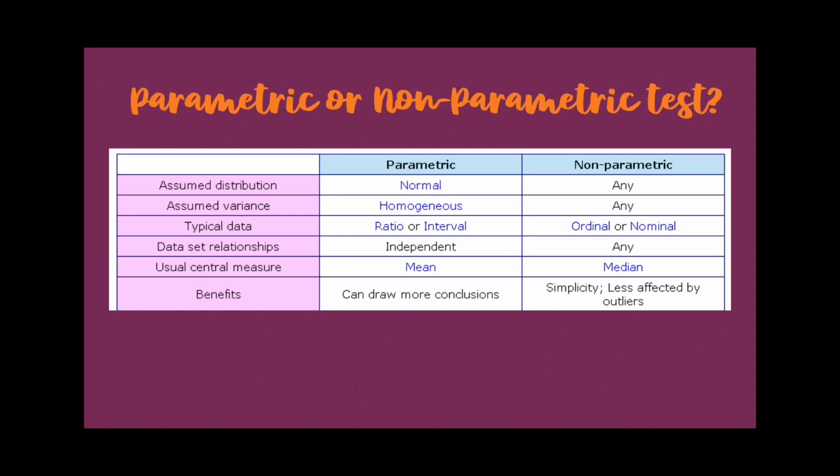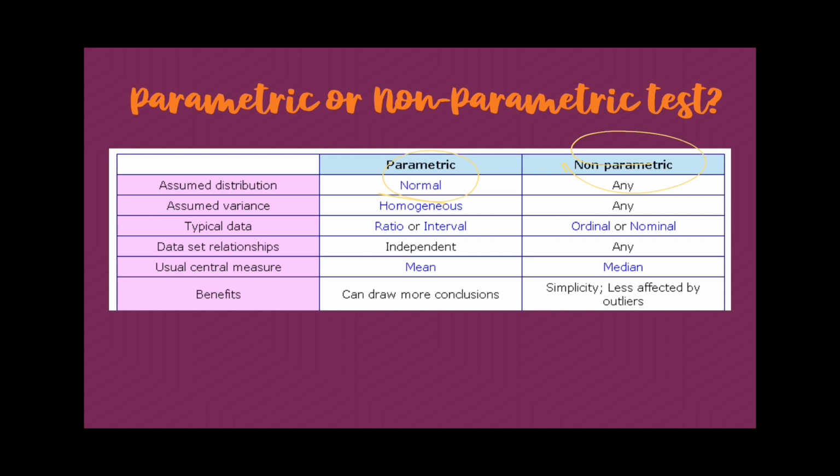So again, for every type of hypothesis or relationship that we're trying to test, there is a parametric variant and a non-parametric variant. Now, one of the main conditions that we want to see if we want to use parametric is that it has to be normally distributed. If hindi siya normally distributed, no, for example, the Shapiro-Wilk test is significant, less than 0.05, or the kurtosis and the skewness are not okay, then maybe we should use a non-parametric test.